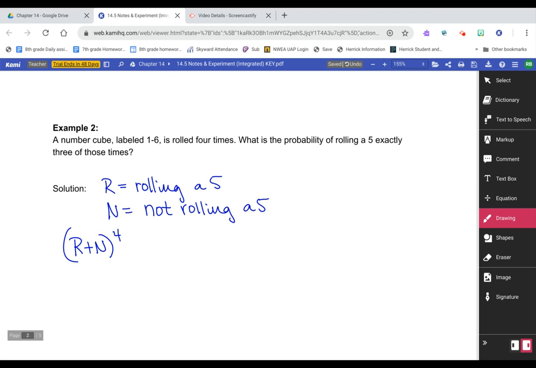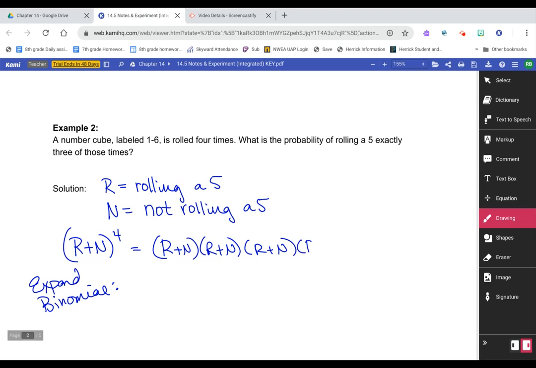So really, when we expand the binomial, I'm not going to spend the time to do it, but what you're doing is R plus N times R plus N times R plus N times R plus N. Mathematically you can do this. It'll take some time. I'm going to give you the answer.